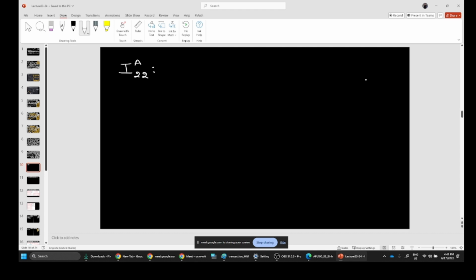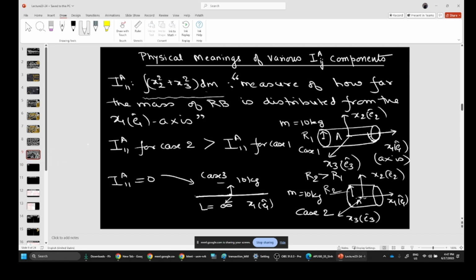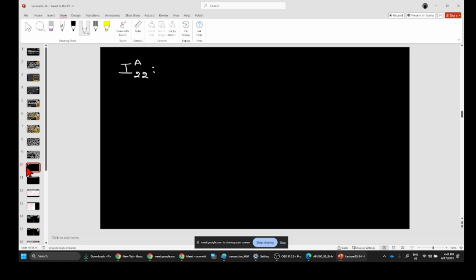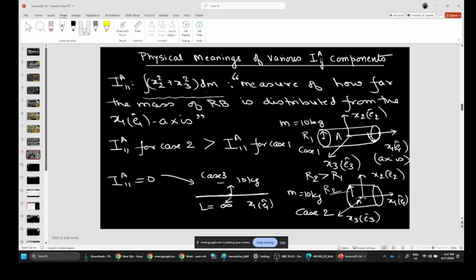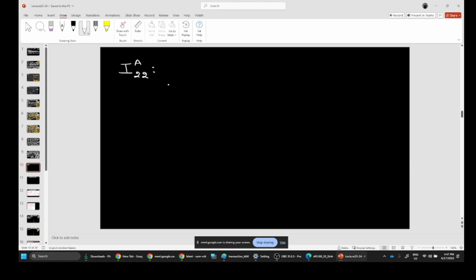What is IA22? And that sentence will start with similar words. Measure of how far the mass of the RB is distributed from what? Here it was from one axis, the x1 e1 axis. So everything in my sentence will remain the same, only thing that will change is the x1 e1 axis.